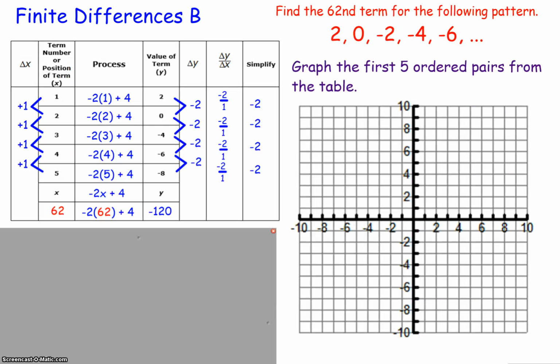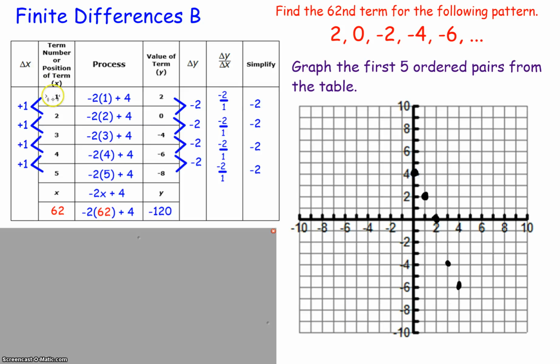We can go ahead and graph this one. So we have 1, comma 2; 2, comma 0; 3, comma negative 4; let me try that again. 1, comma 2; 2, comma 0; 3, negative 4; 4, negative 6.